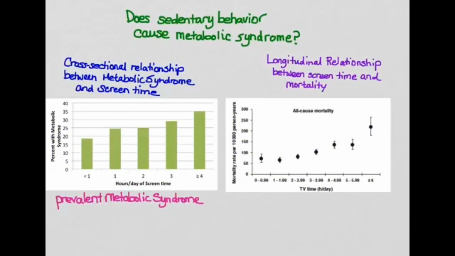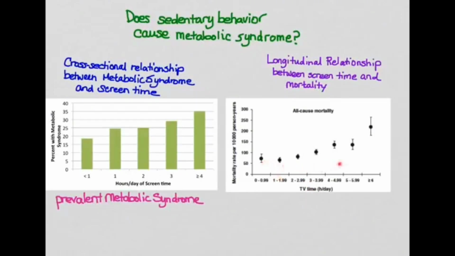And then they looked at the relationship between mortality and the number of hours of TV that they reported watching in around 2000. And so this provides good evidence for causality, because we know that the TV time measurement occurred probably pretty far ahead of the mortality.